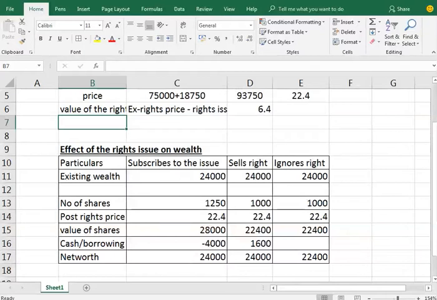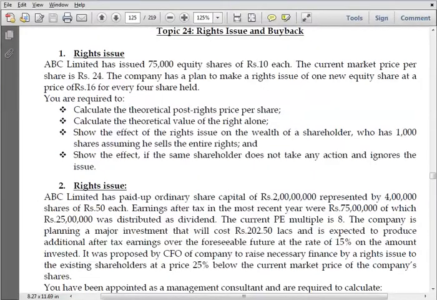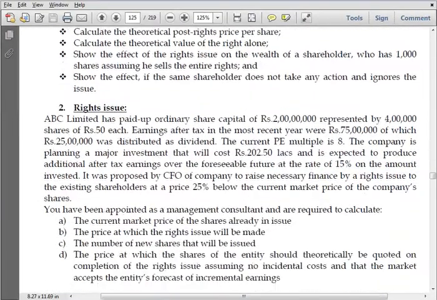The wealth of the investor will fall in case he ignores the rights issue. Clear? Can you proceed? Any doubts? I'll go to the next question on the rights issue part.